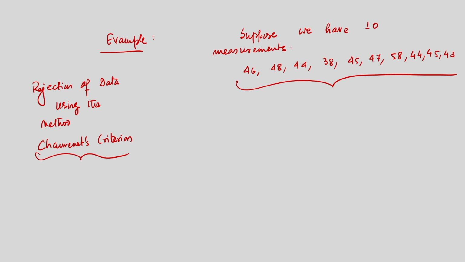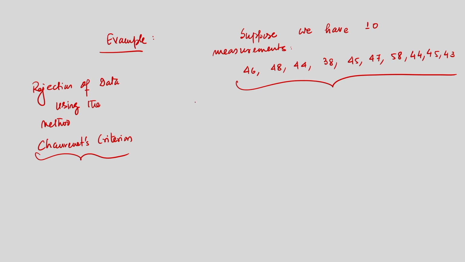Now we will see if we use the Chauvenet criterion to eliminate 38 and 58, using the steps that we understood in the last lecture.